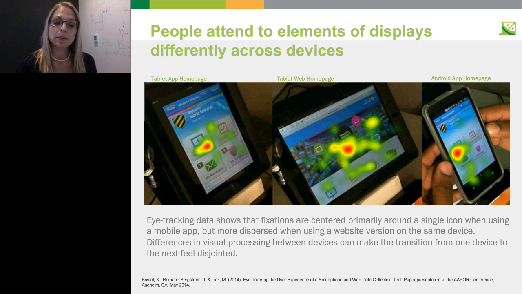This big image that was in the middle of the screen really took people's attention. And on the desktop, while that big banner-like image still took up a lot of screen space, it took up less screen space than it did on the iPad. So we didn't have the same problem with desktop. So this was important to assess, important to understand how people were engaging, and important to understand the differences across devices.